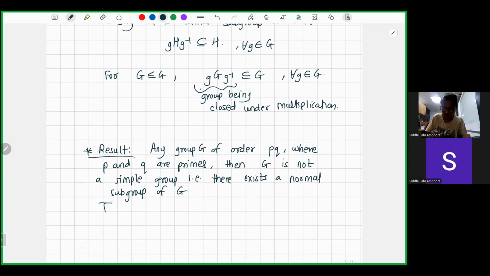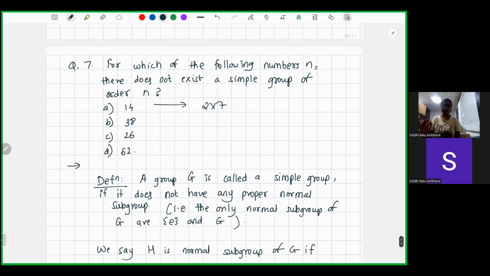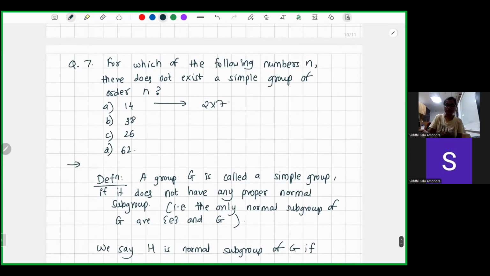There exists a normal group of order Q in G, if we take P less than Q. And similarly, by that result, we will have some group of order 7 which will be normal in G.